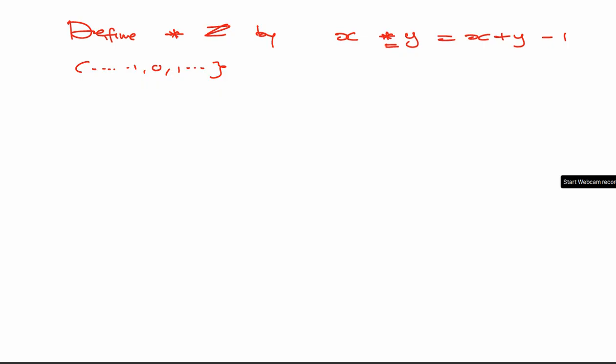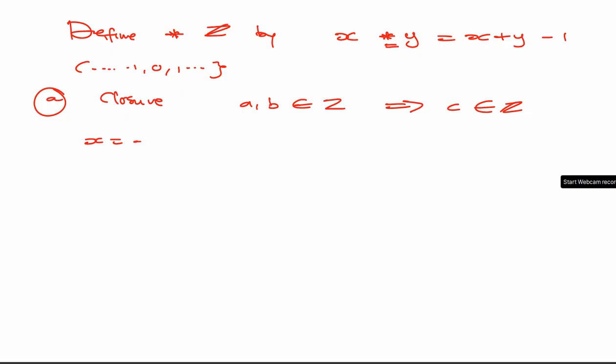To test for closure law, we know that if we have two numbers which are integers, we must produce a new number which should also be an integer. So we can take two integers. We can take a negative one. Let x be -1, and y be 0.